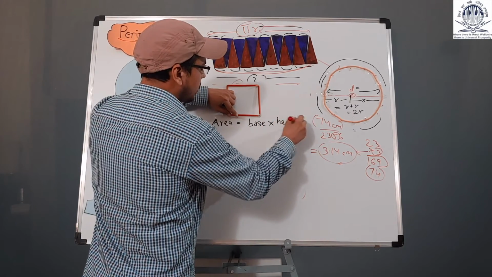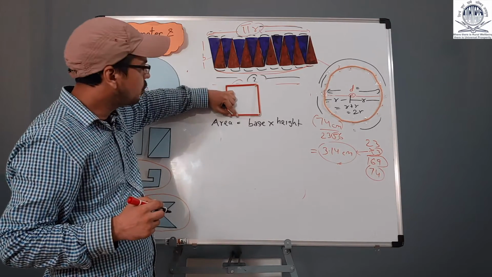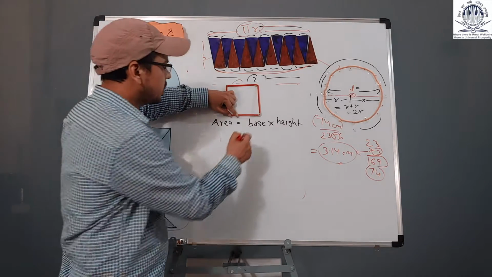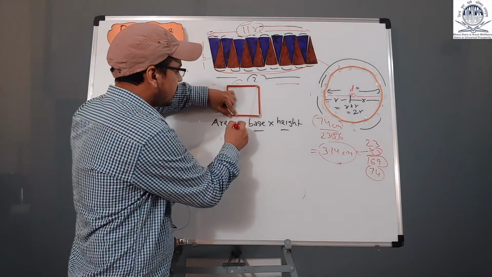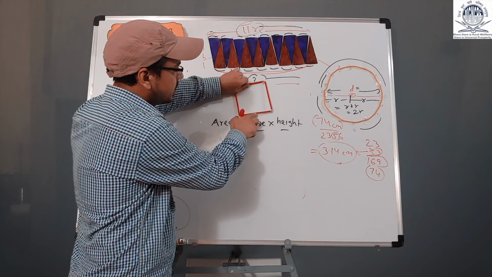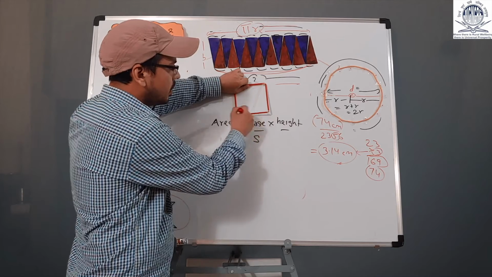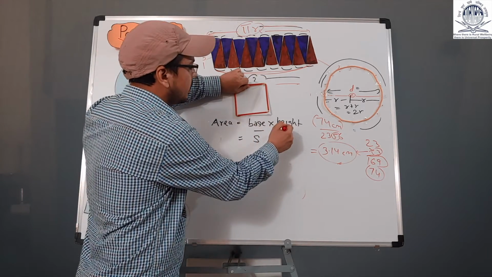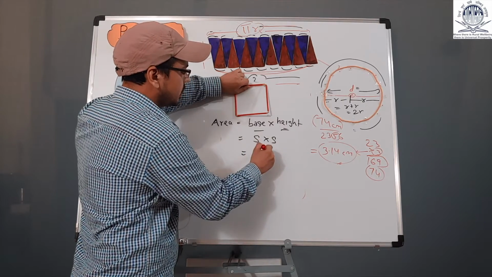Now some of you will say, sir, in case of area we have been taught that the formula is side square, so how come it's base times height? Well, yes, you're right, but you should understand what base is over here. Base is nothing but one of the sides as well. If you assume this as side, the base is side and the height is also side, so obviously the area of a square will be side square.